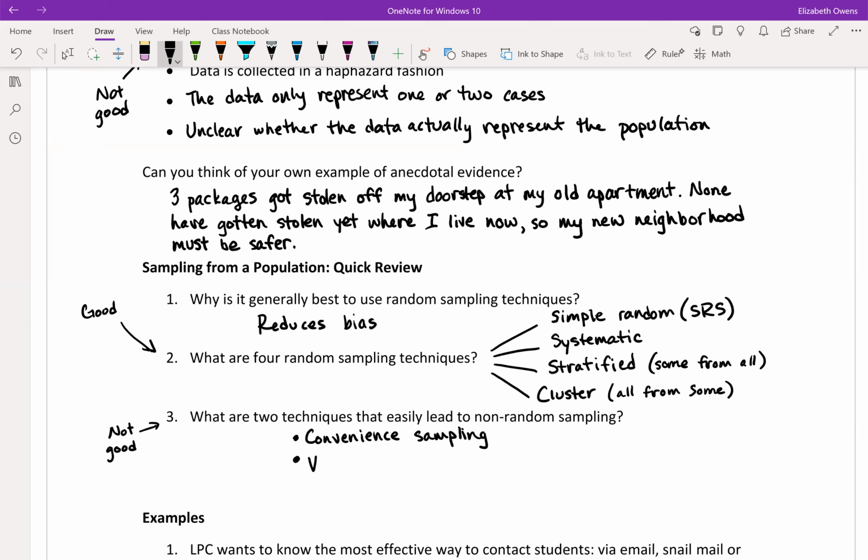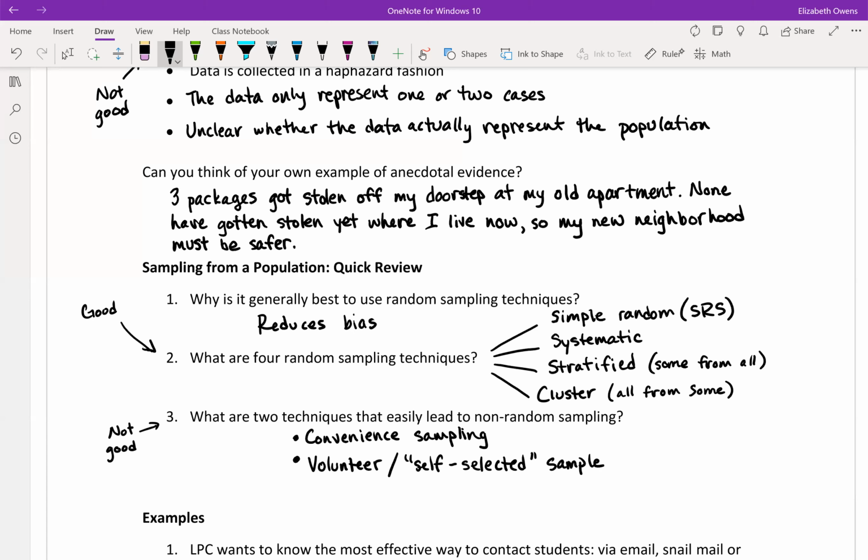And then the other one was volunteer sampling, or having a self-selected sample group. People choose themselves. Okay, self-selected sample. And remember, the classic example of this type is like a review website. So people select themselves, they volunteer to be part of the group that leaves reviews.